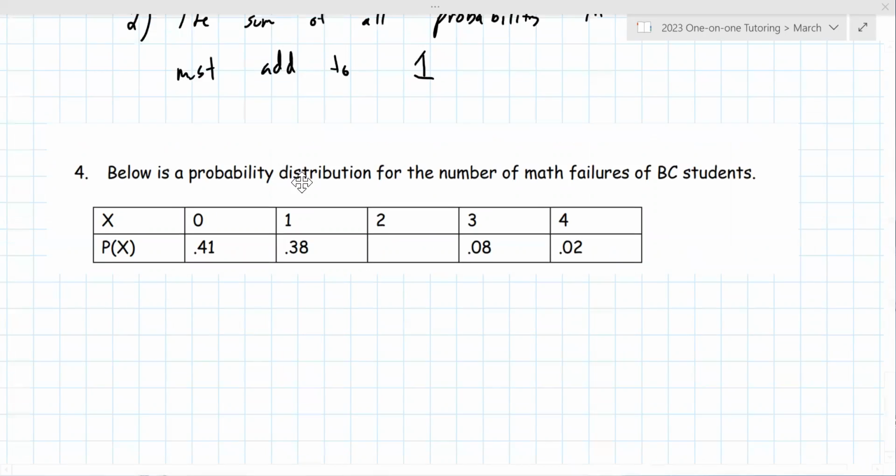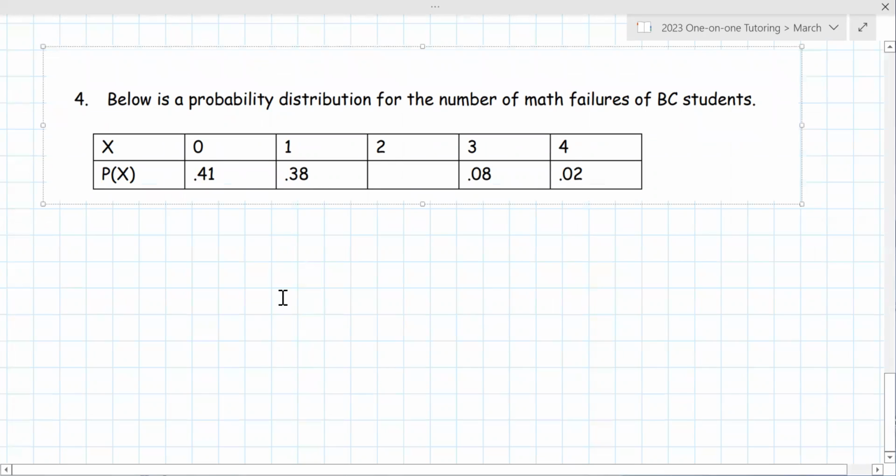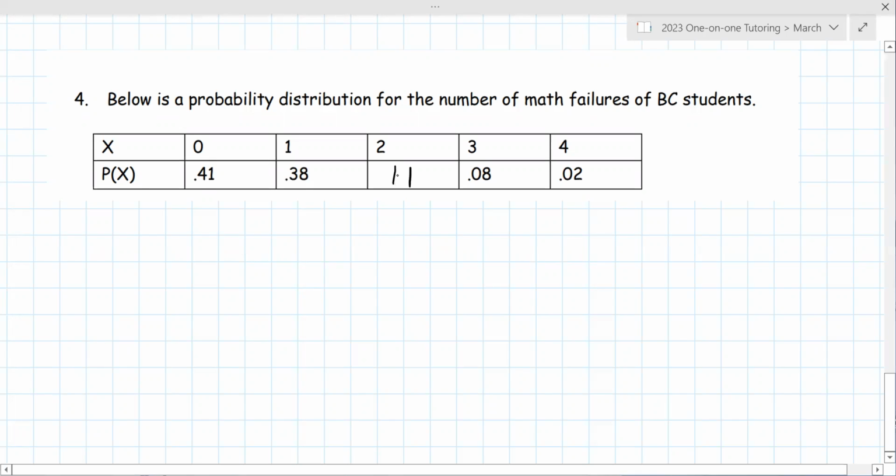Okay, and you have to use the second axiom to do this. What is the missing probability? 0.11.